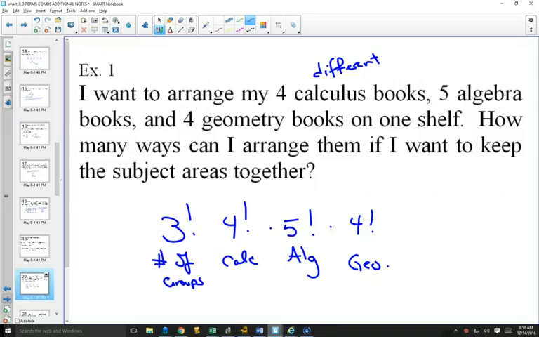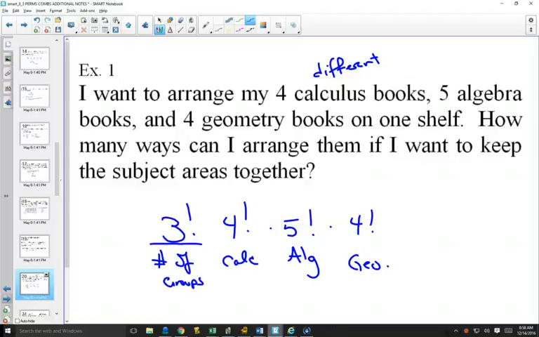And you multiply those all together because basically this is a fundamental counting principle within a fundamental counting principle. We have decisions to make, and each of those decisions have decisions within decisions. So decision 1, how am I going to arrange my groups?